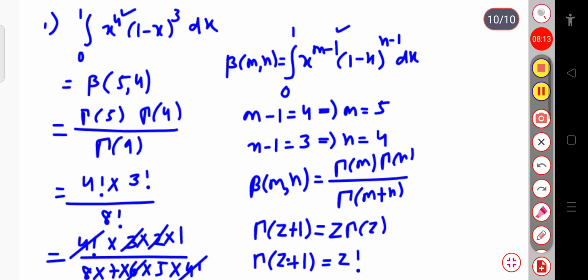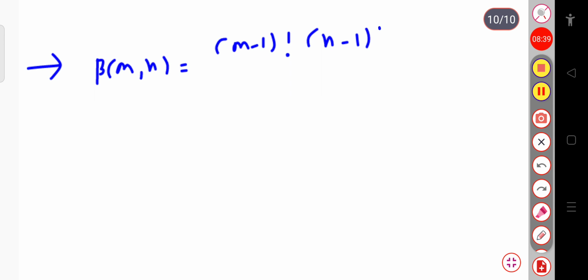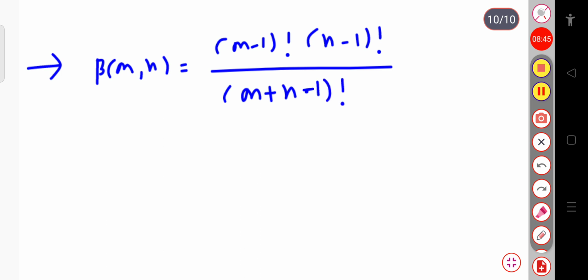This is a direct question that can be asked. You just have to check that it is in terms of x power something into (1 minus x) power something. And also you should note that beta of m, n is equal to (m minus 1) factorial into (n minus 1) factorial divided by (m plus n minus 1) factorial.